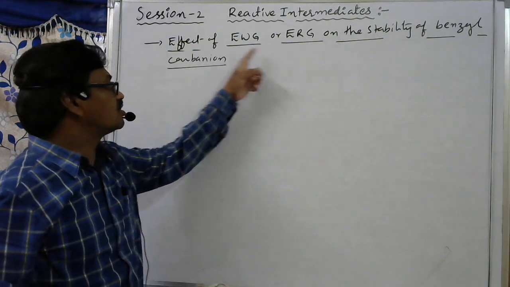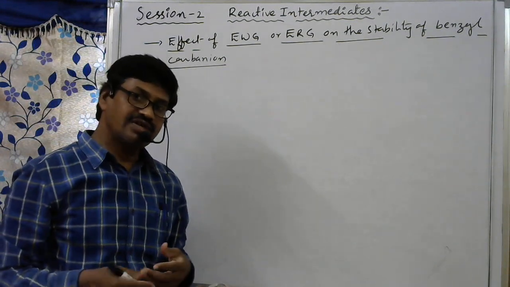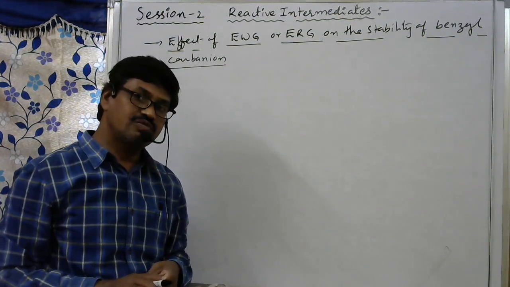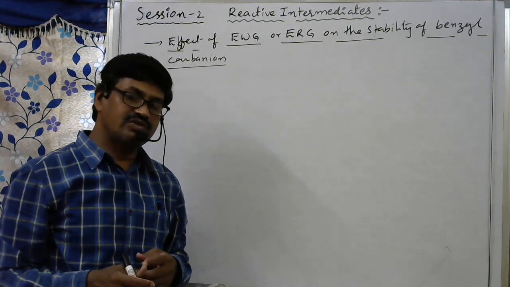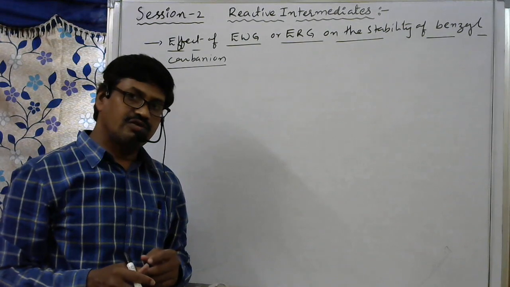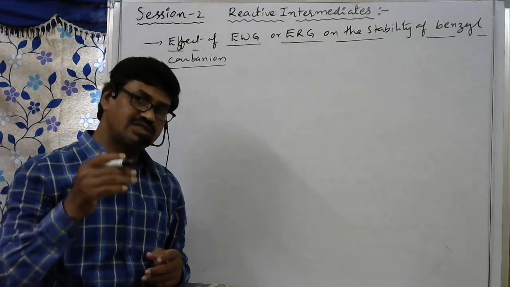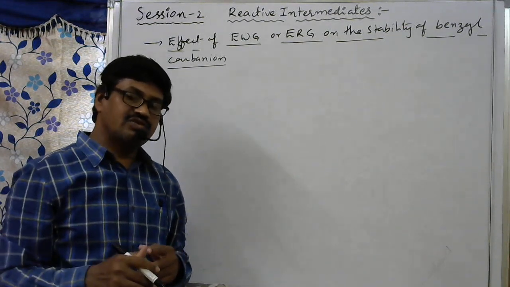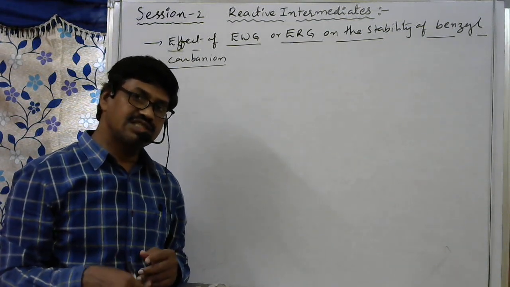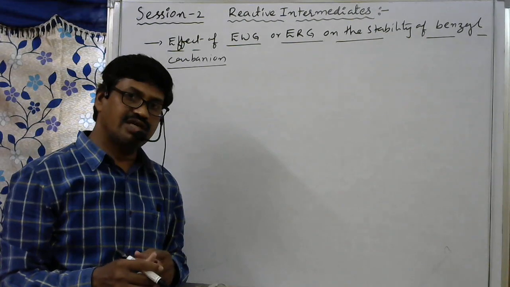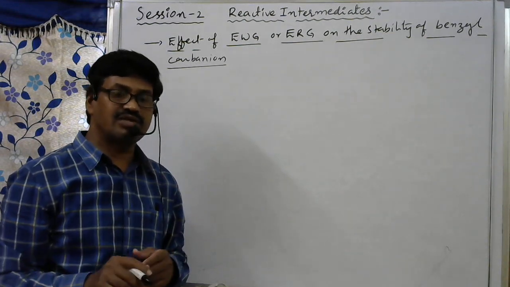Which groups can intensify the negative charge, or which groups can compensate the negative charge on the carbanion? That we have to decide first. The group which compensates the negative charge will give stability, or the groups which intensify the negative charge on the carbanion will give instability.